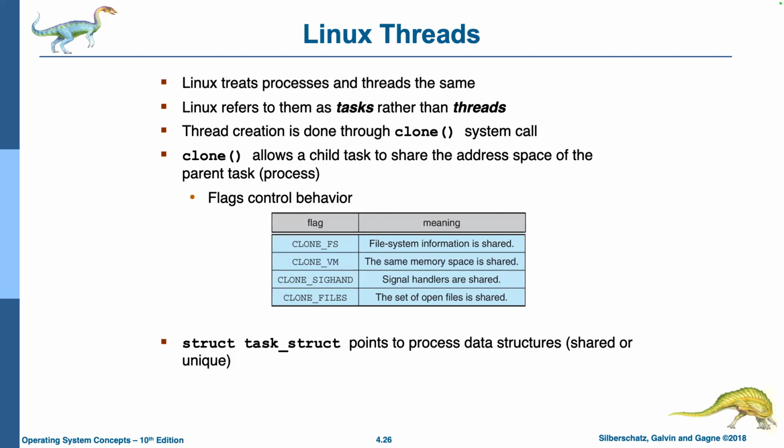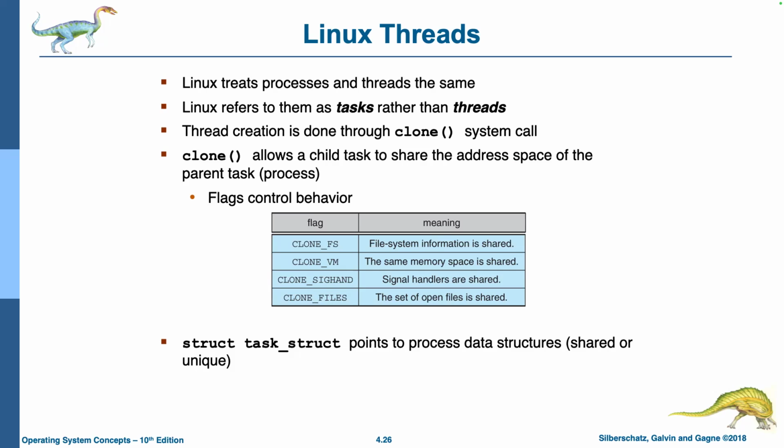Let's go to the next topic, the Linux thread. As we discussed, pthread is not the Linux API. pthread is a glibc API. But how does Linux implement threads? It's a little different. Linux doesn't have the concept of a thread, because Linux wants to keep everything simple.